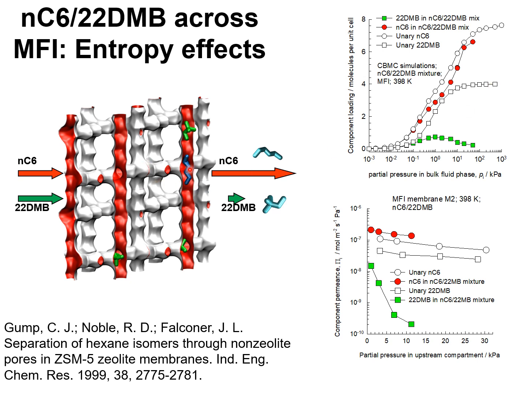Normal hexane can locate along the straight channels, can locate along the zigzag channels, and achieves a total saturation capacity of 8 molecules per unit cell.